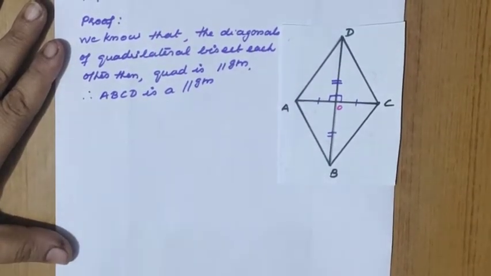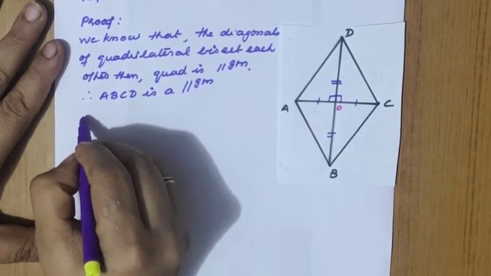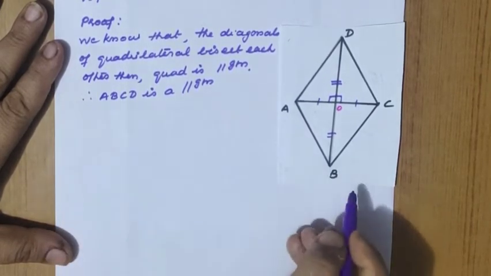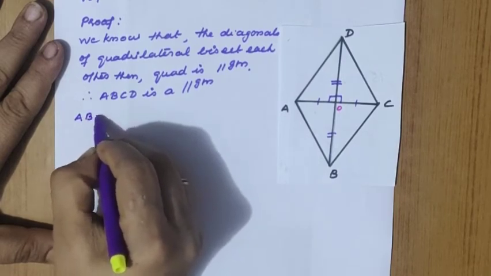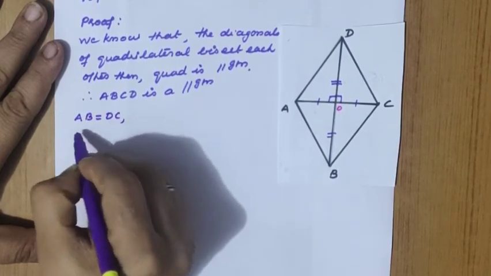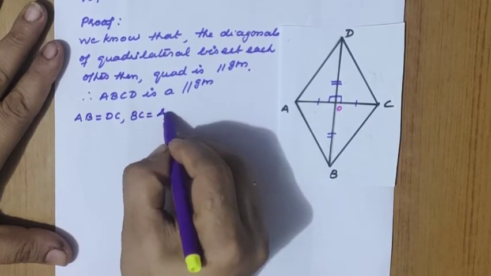Then what we can write about its sides? Its opposite sides are equal and parallel, right? So ABCD is a parallelogram. Then we can write that AB equal to DC and also BC equal to AD.